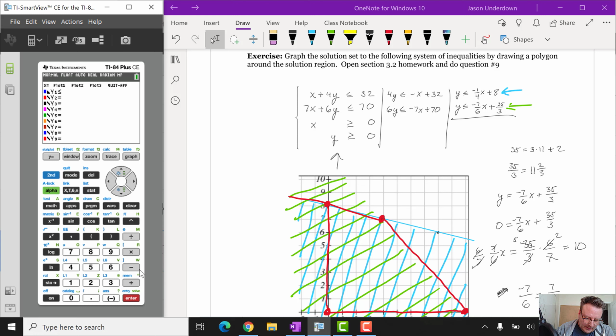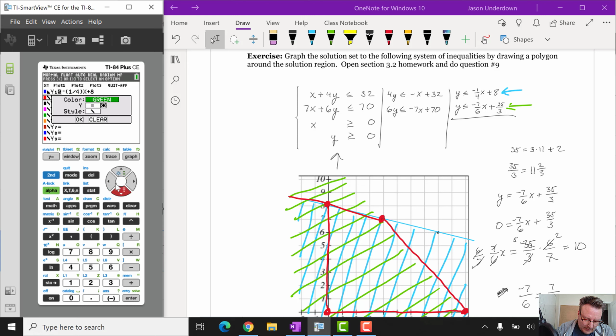Okay. And now I've got to cursor over and get into the region where I can put in -1/4 x plus 8. So we have negative parentheses 1 divided by 4 times x plus 8. Okay, and then the other one, I've got to go change it into an inequality. Hit enter. Cursor down. You know what? I'm going to change this to green as well.